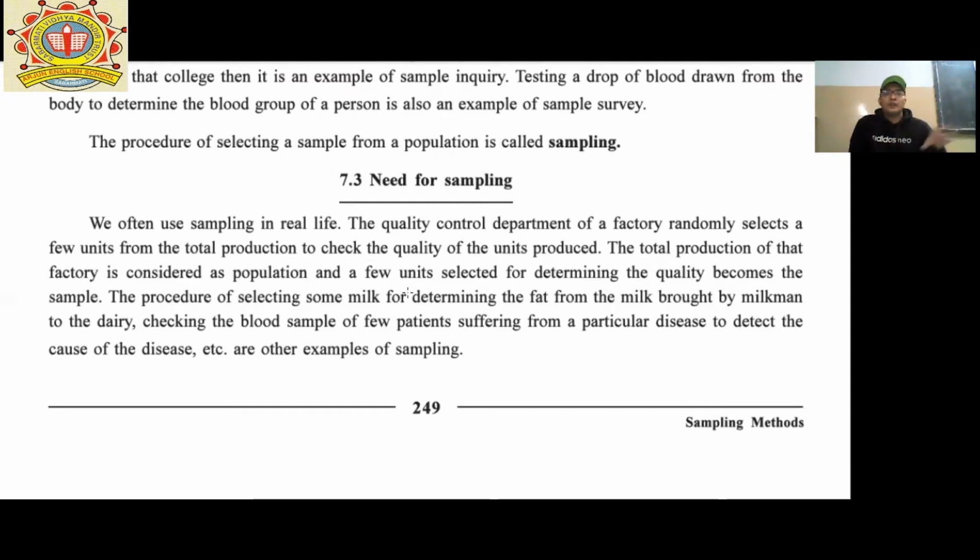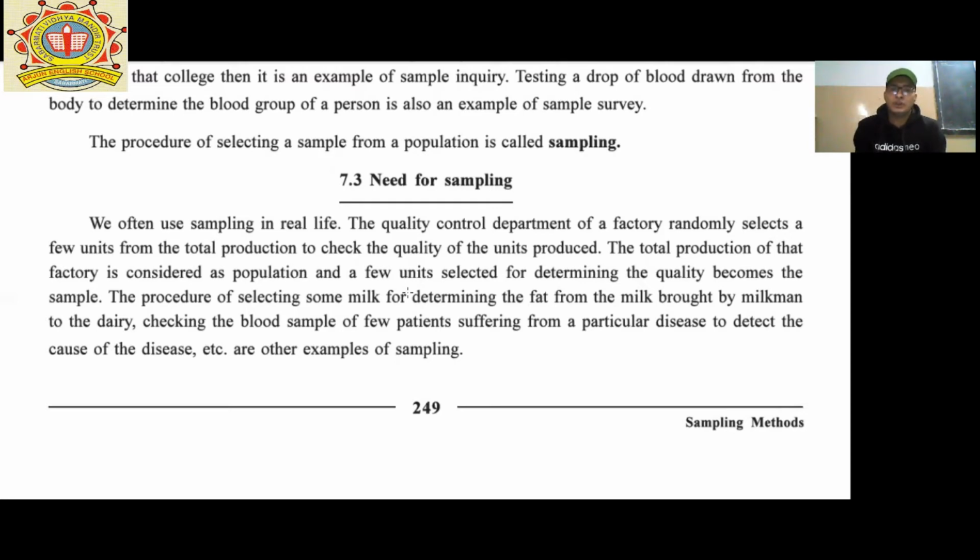But out of 100 products, he randomly selects one product and checks its quality. If it is good, then he assumes that all these 100 products are good. So here he applied the technique of sampling, where he reduced the time, the cost, and the effort. Got it? The total production of the factory is considered the population, and the few units selected for determining the quality become the sample.